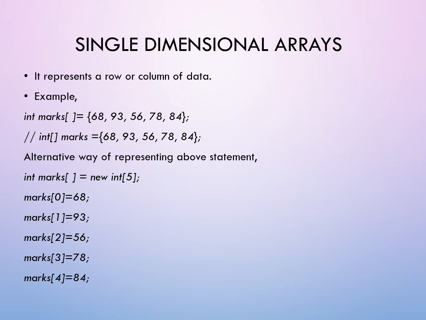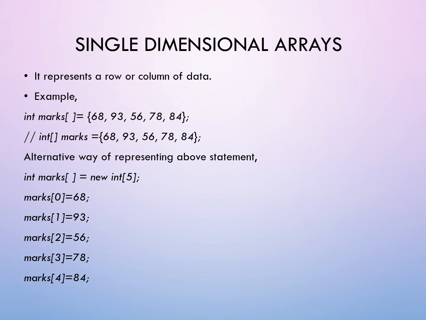Single dimensional arrays represent a row or a column of data. For example, marks of a student in 5 subjects can be represented in single dimensional arrays. Syntax will be like first data type of the arrays and then arrays name and then a pair of square brackets and then value of the elements.